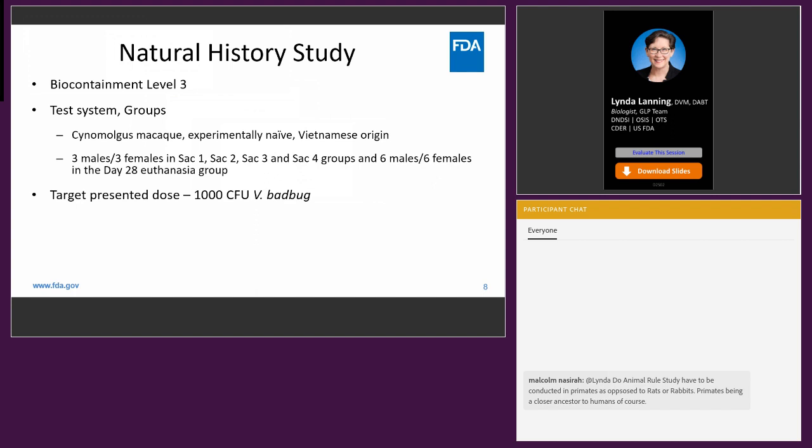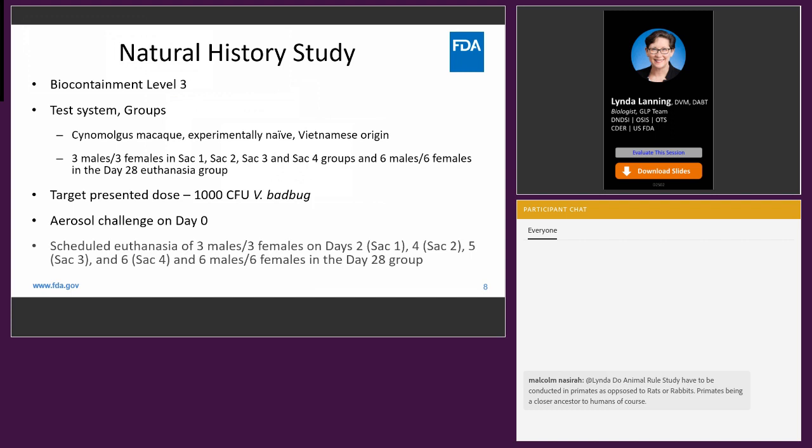A target presented dose was 1,000 CFU, and animals were challenged on study day 0. Scheduled euthanasia was on days 2, 4, 5, 6, and 28, as discussed above.